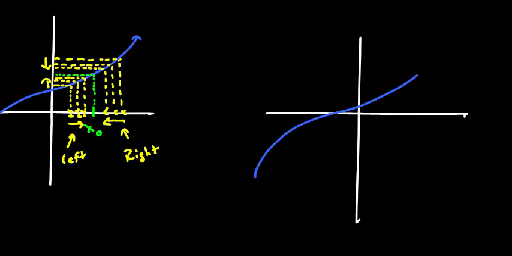We may have a function that again looks like this, and we might have an x naught value. Now a one-sided limit means we have to come in at this number from just one side. The other side is not important. So if we want a left-handed limit, that means we come in from the left side.